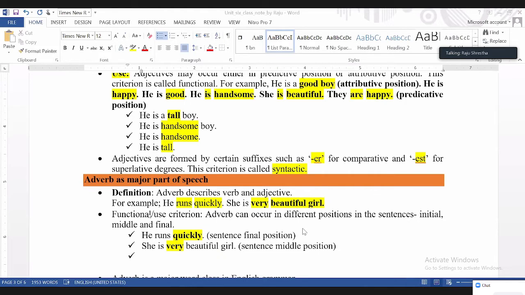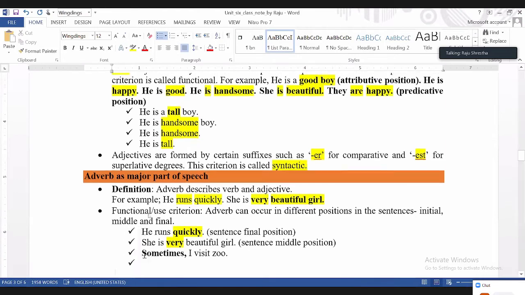Okay, yes. Sometimes I visit the zoo. Sometimes is an adverb. This is about frequency, and it is in sentence initial position.